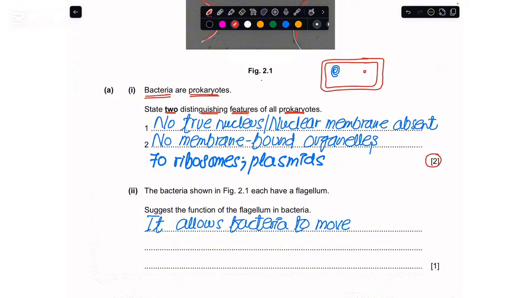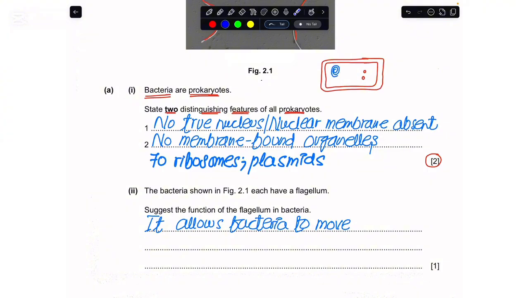These bacteria have small ribosomes in them, and some of the bacteria, not all, have plasmids in them. So the features that apply to all the prokaryotes are the presence of the cell wall, the cell membrane, no nucleus-bound circular DNA, and these small ribosomes. Any of the points you could write over here.